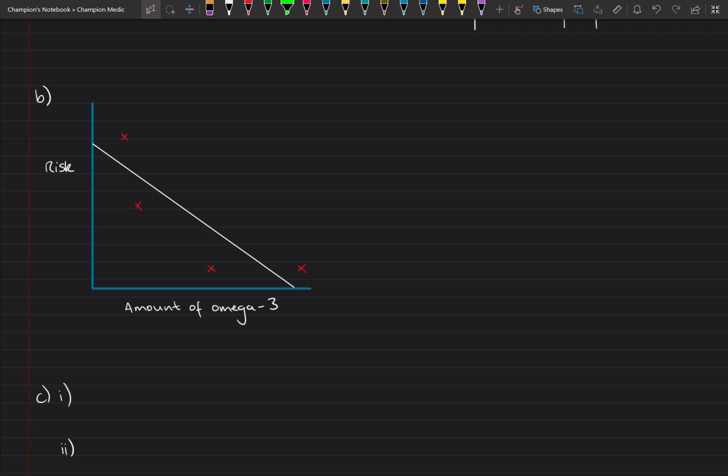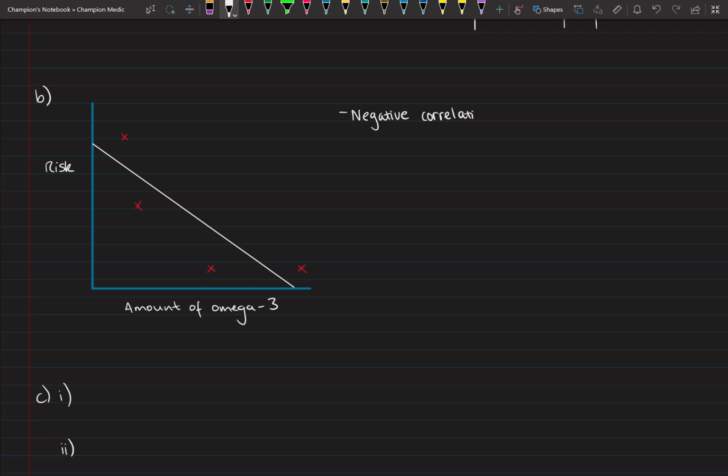The next question, 4b, is asking us to look at the graph. So you can see we've drawn a similar graph to the one that you can see on your paper. And it's asking us, do the data show that eating omega-3 fatty acids prevents coronary heart disease? So the first thing you want to do is give a description of the relationship between the amount of omega-3 fatty acids eaten compared to the risk of coronary heart disease.